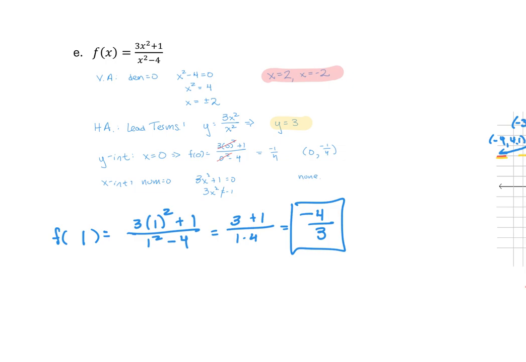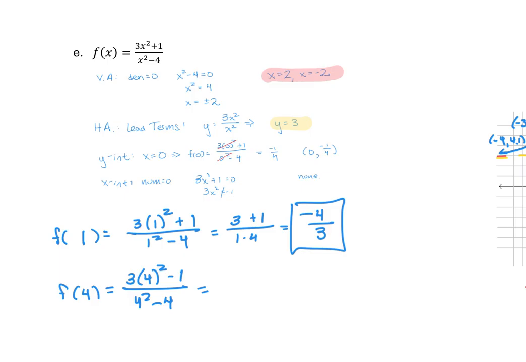All right, now the other one that we saw was f of 4, and I don't even know what this is actually equal to as a fraction, so we're going to go ahead and find out. So if we plug this in we get 3 times 4 squared minus 1 over 4 squared minus 4. If we square 4, we just need to simplify numerator and denominator. And again, you can use your calculator for this.